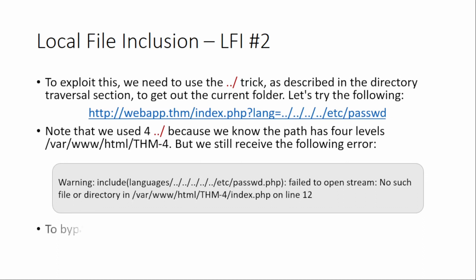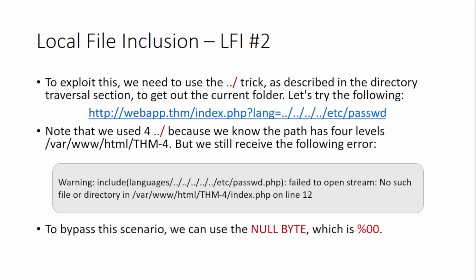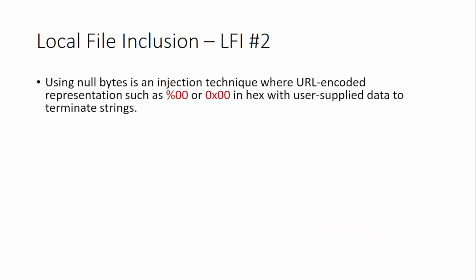And to bypass this, we can use the null byte, which is %00. Using the null byte is an injection technique where URL encoded representations such as %00 or 0x00 in hex with user supplied data helps to terminate the string.